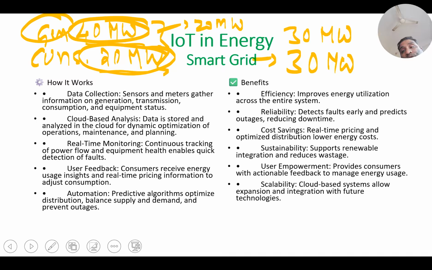So if the information of the consumption is present at the generation side, I can generate the amount of energy required. How it works? Data collection, which is very important. Sensors and meters gather the information on generation, transmission and consumption, and also the equipment status.